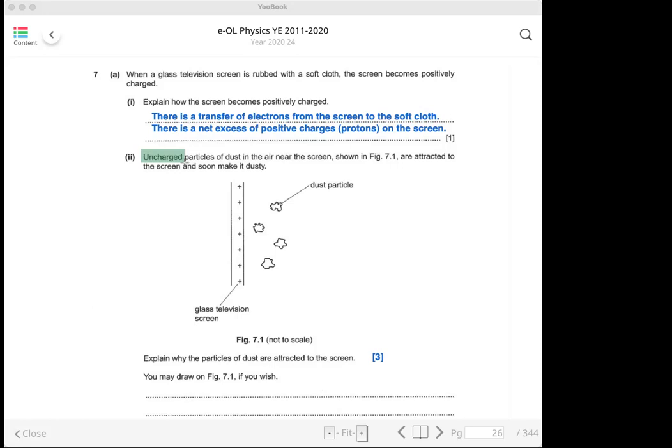The first part is this. You remember that your dust particle is uncharged, so there is positive and negative all over the place. Let me have 2 things here. This is the screen. This is the dust.